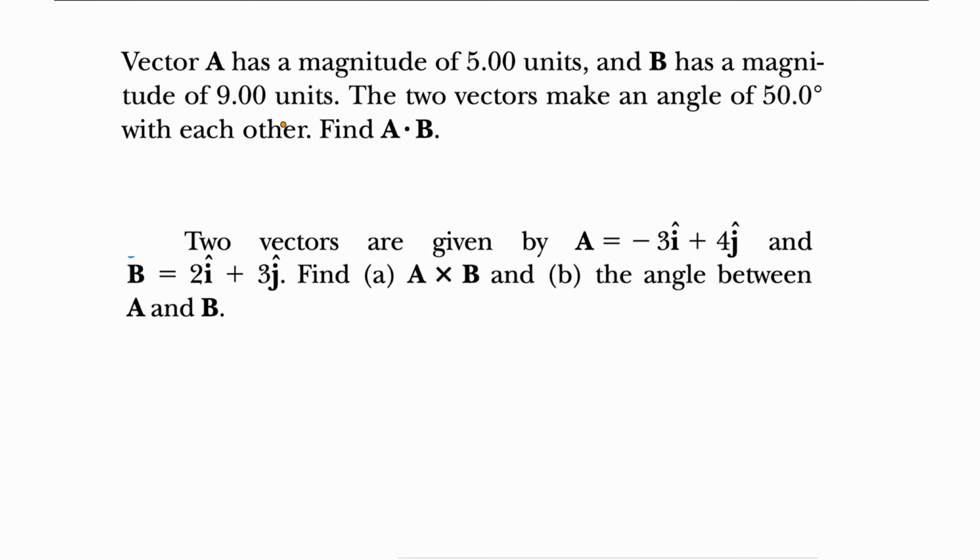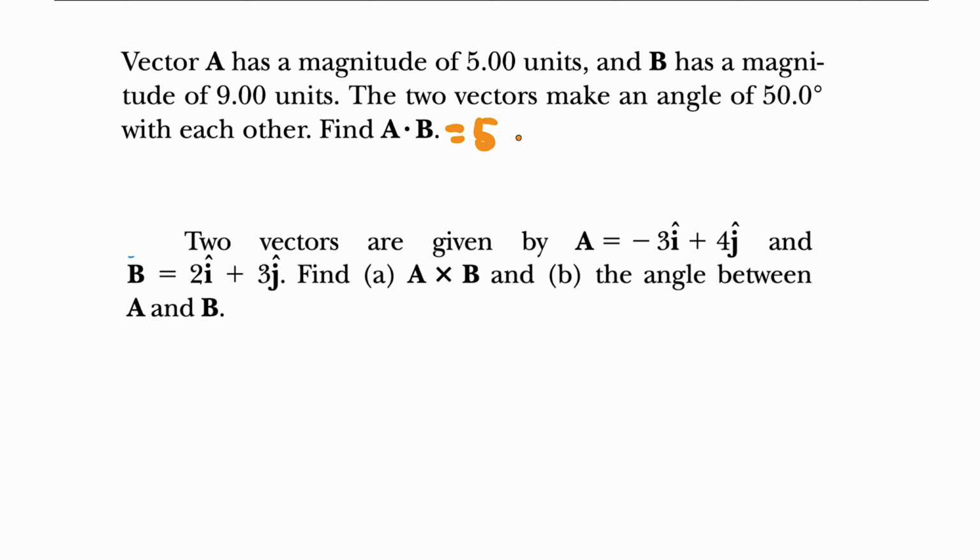So our last two questions. Vector A has a magnitude of 5 units and B has a magnitude of 9 units. The two vectors make an angle of 50 degrees with each other. Find A dot B. This is quite easy. I already taught you how to calculate this. First, obviously we want to find the magnitude.